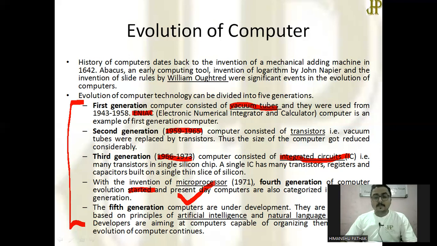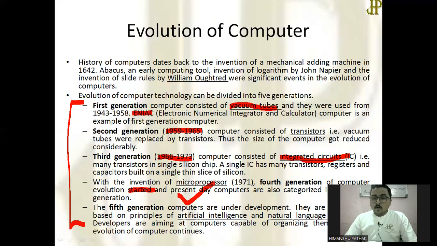And at last, for future or ongoing processing, the fifth generation computers are considered, because of the principles we are going to follow, known as AI, artificial intelligence, and NLP, natural language processing.